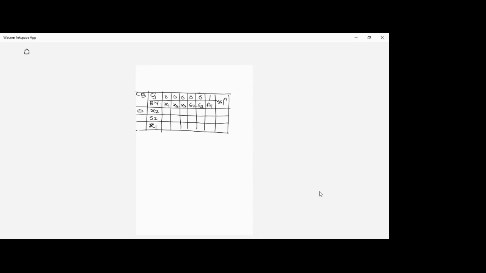So x2, s2 is 0, and x1 is also 0. The new values would have come, but I'm directly writing them. You can cross check them at home. So it is 0, 1, minus 30 by 7, it is 0, minus 1 by 7, 4 by 7, and it is 30 by 7.